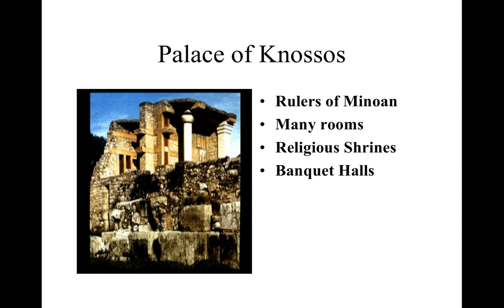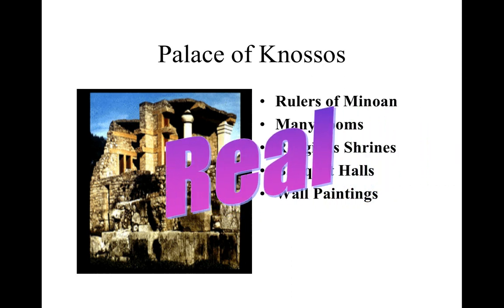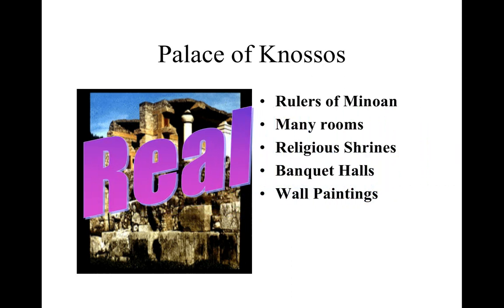It had these large banquet halls. It had painted walls. And when we come down to it, yes, it was real. This did exist. They even say it's possible that the Palace of Knossos may have had running water inside of it. So we've already seen a little bit of that with the Indus River Valley as well, right? The Mohenjo-Daro civilization. So the Palace of Knossos was definitely real.